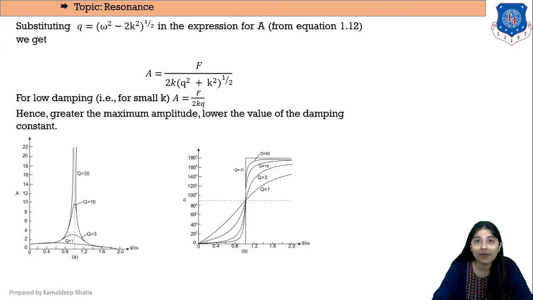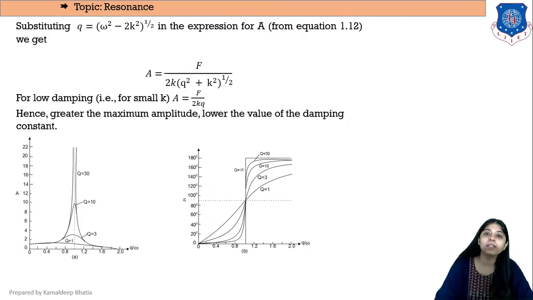So quality factor or Q factor is defined as 2 pi times the ratio of energy stored in an oscillator to the energy dissipated per cycle. It's shown that Q can be the value of omega upon 2k. Now this higher value of quality factor represents low damping, and low value of quality factor represents higher damping.